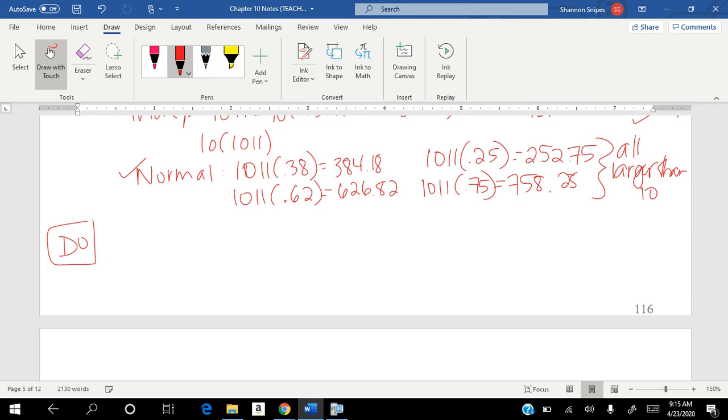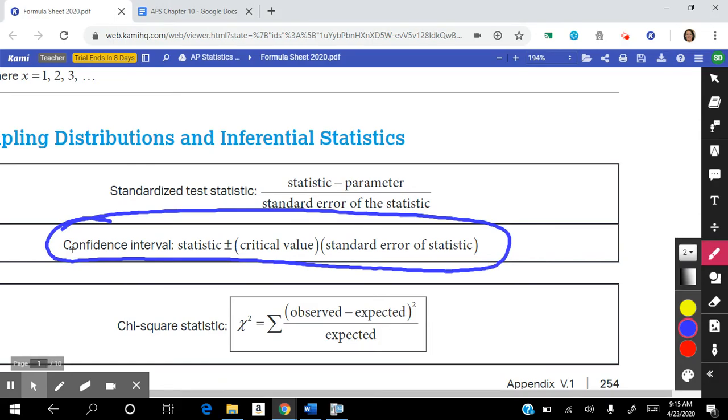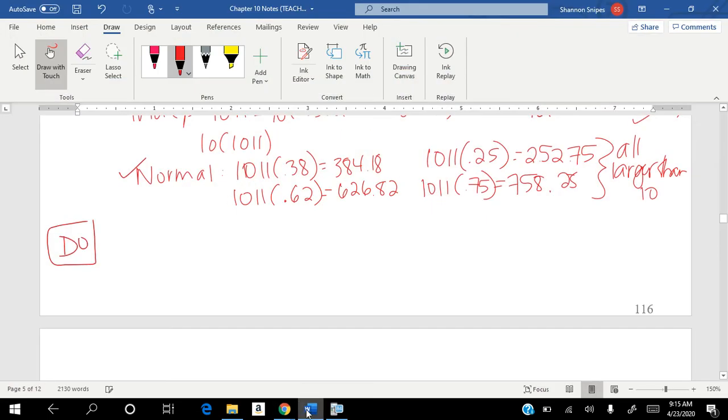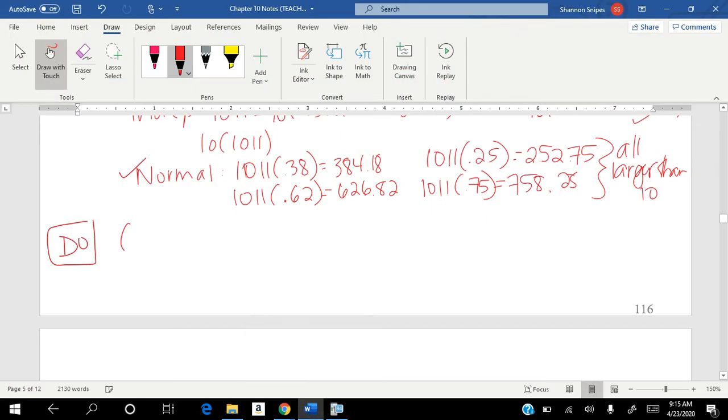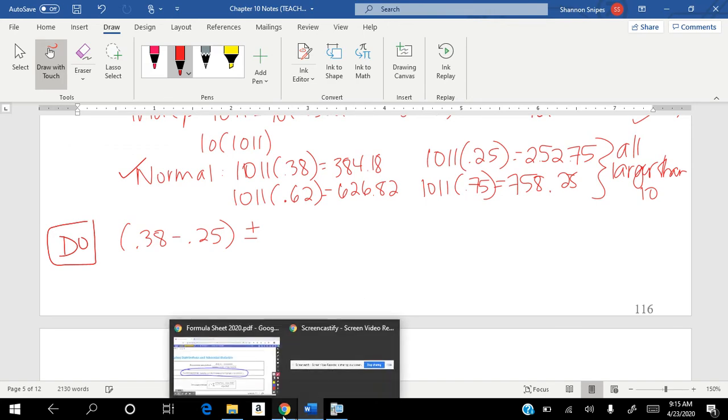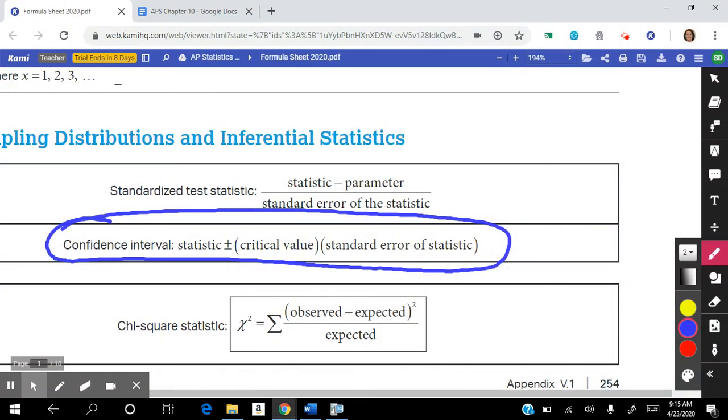All right. So remember, our confidence interval from our formula sheet is our statistic plus or minus the critical value times the standard error of the statistic. All right, so the statistic here is going to be p hat 1 minus p hat 2. So 0.38 minus 0.25 plus or minus z star. All right, so z star, we have a couple options. We can use our calculator, but that is painful.